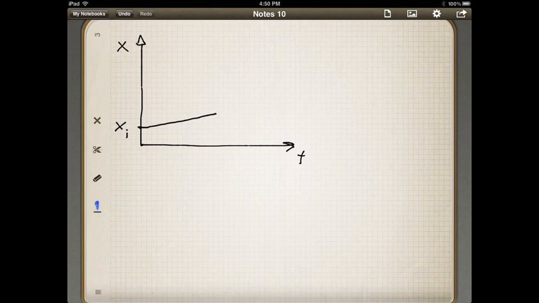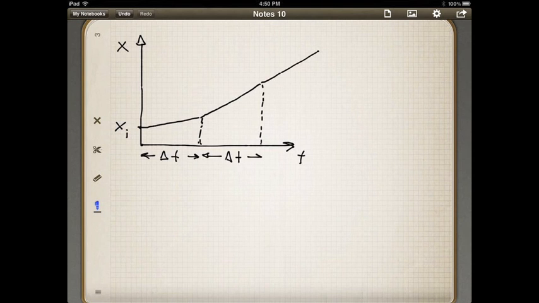The amount of time is going to be delta t for all the segments that I'm going to draw. In the next part of the motion, the object changes velocity very quickly, and now it moves with a different velocity, but that velocity is kept constant over these intervals delta t. So this is delta t from here, this is also delta t, and so forth. This is delta t also.